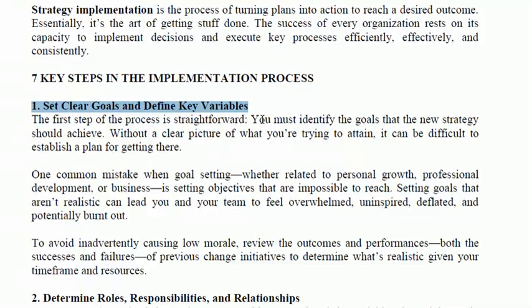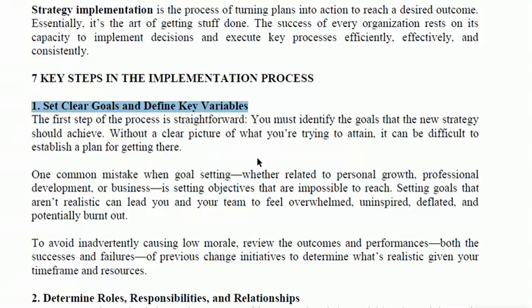And if the goals are set clearly and the key variables have been defined properly, then everyone can work towards that goal using those variables, and the implementation can be very effective.